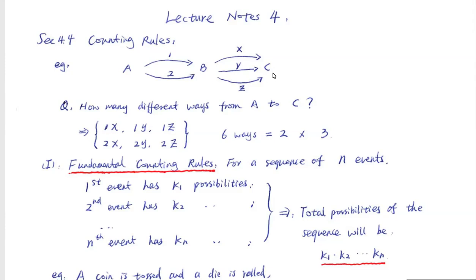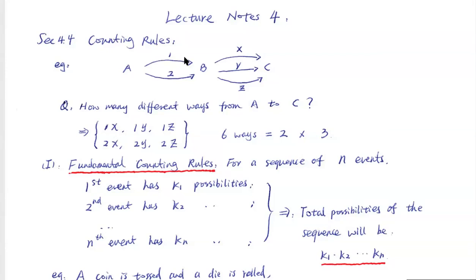And then my question is, how many different ways do we have from A to C, from Los Angeles to Temecula? From this question, we can literally list all the possible choices.